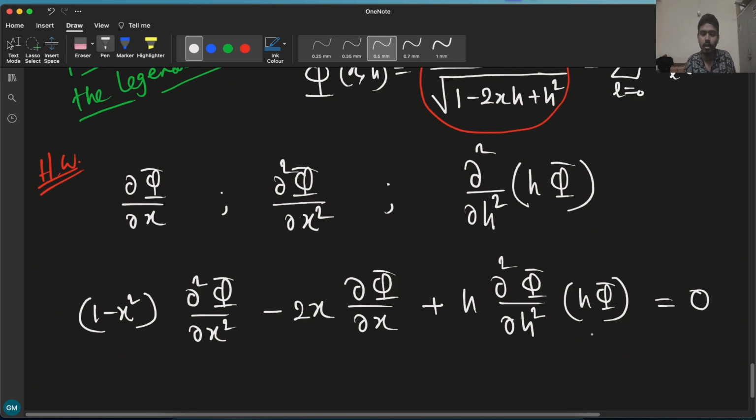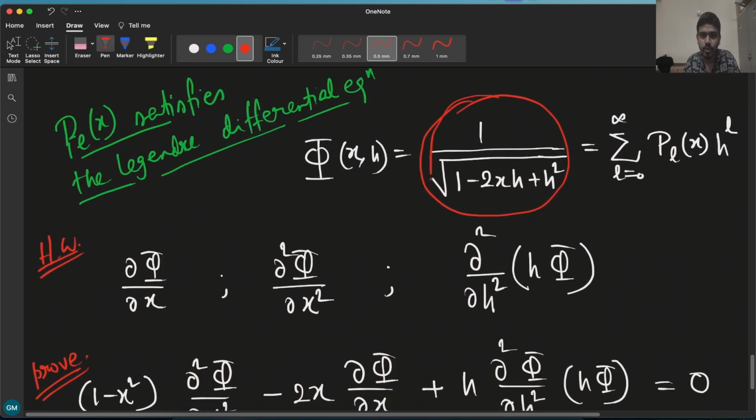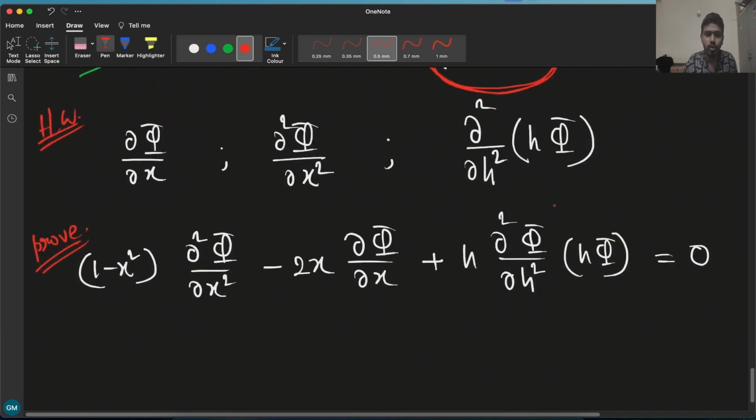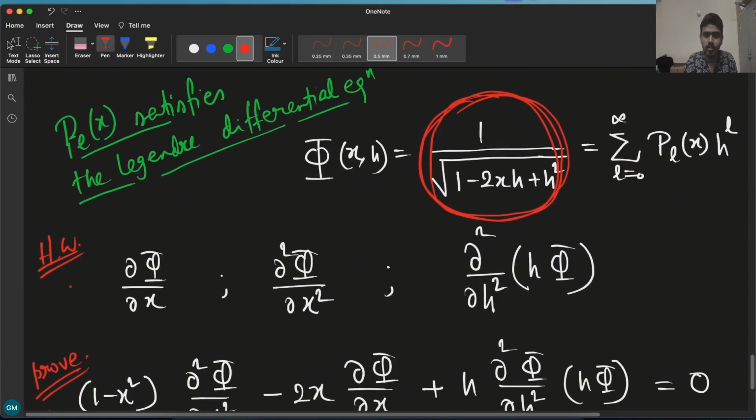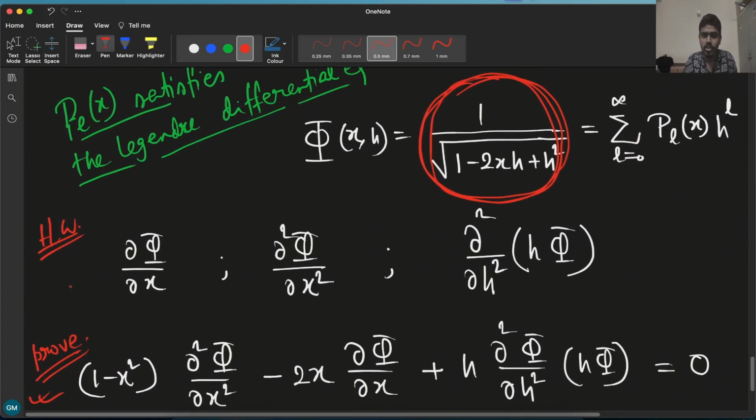Okay, you should put them together and do some simplification, and you will get 0. So prove it, where you should assume phi as this. So take phi as 1 by root under 1 minus 2xh plus h square and show it. Okay, it's basically a 10 plus 2 level partial differentiation problem.